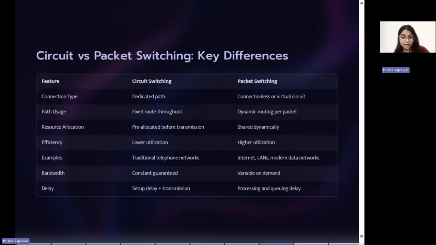In packet switching, there is no connection setup delay, but packets may experience processing delays and queuing delays as they pass through routers. Understanding these differences helps us determine which switching technique is more suitable for different types of communication systems.